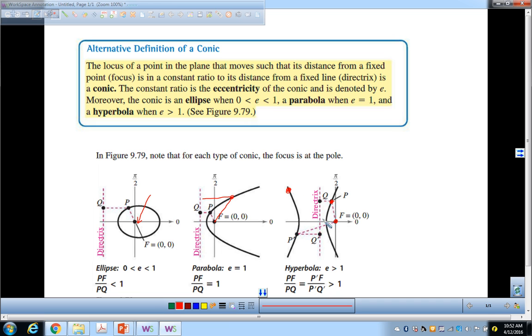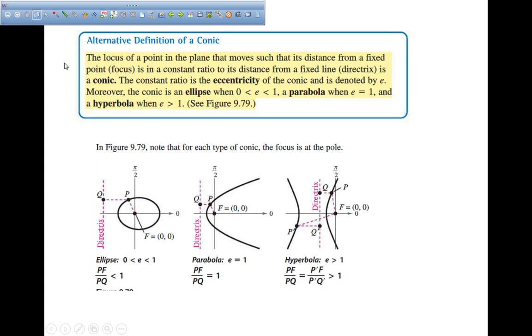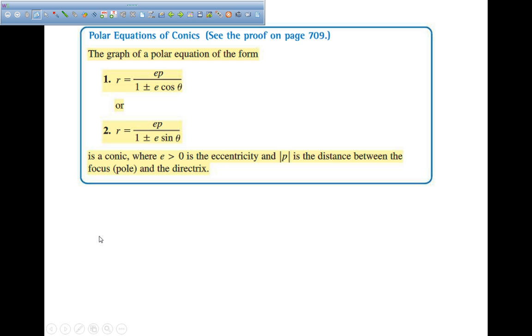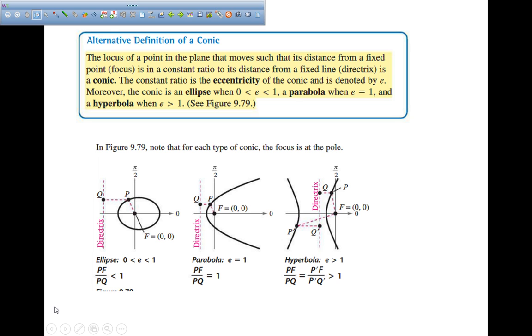If I pick a point up here and take the distance from here to here over the distance from here to here, that number will be the same in every case. That number is bigger than 1, and that's the eccentricity. The directrix kind of defines that hyperbola. You'll see what I mean in a second. Going on to the next slide, you don't have to write everything down, because I'm going to explain more on this next slide. It'll help you see what I'm talking about.